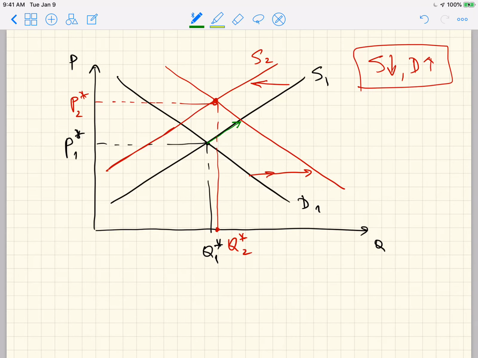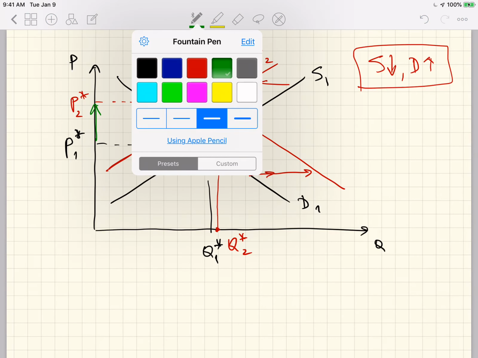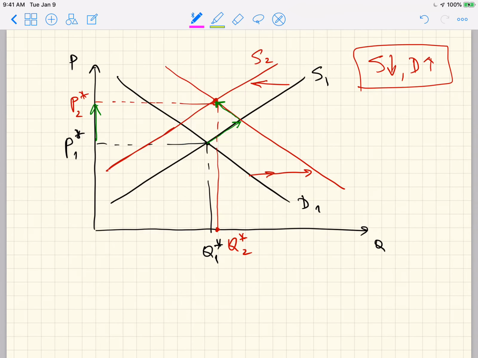Then you see how a decrease in supply is going to affect price again. It's going up. So both effects actually work in the same direction. So that's why we're so sure that price definitely goes up. But when it comes to equilibrium quantity, those two changes in supply and demand move in opposite directions. Let's see if we can notice it on the diagram.